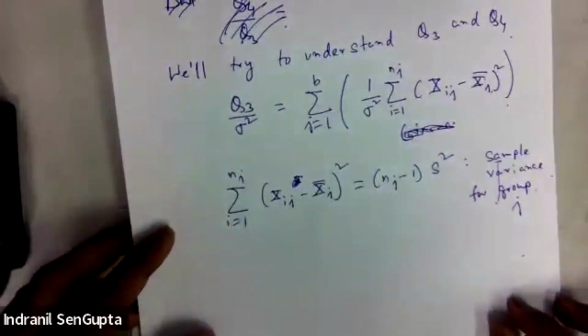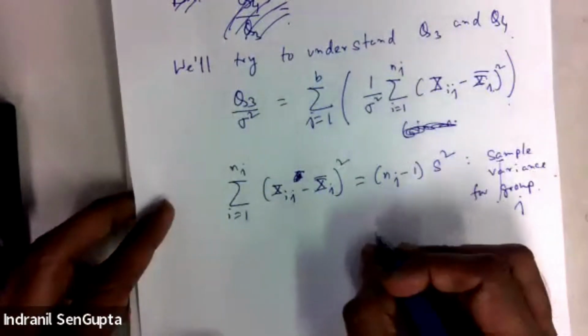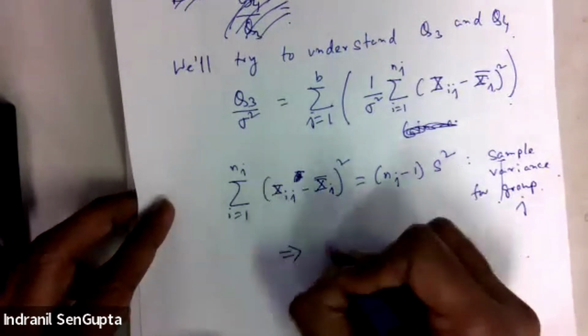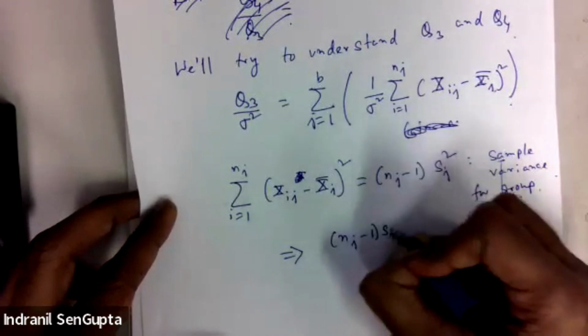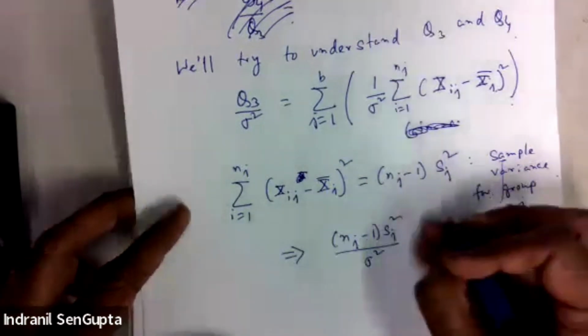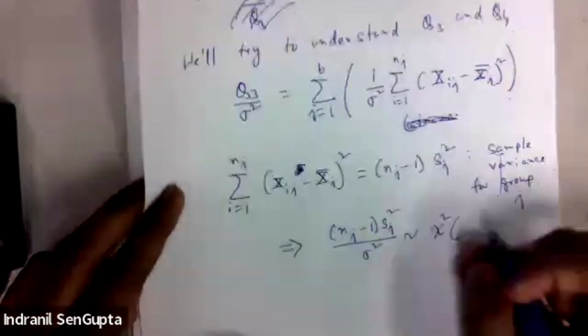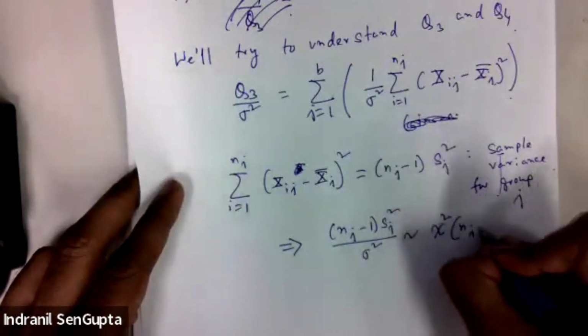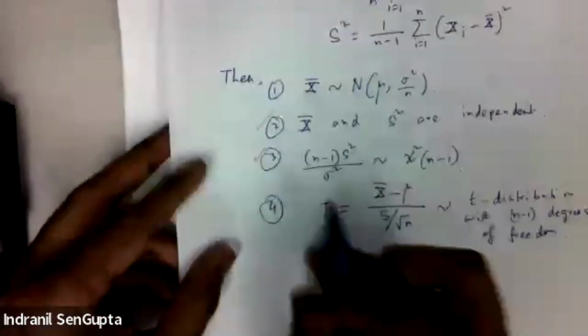And each group will have the standard deviation sigma. So that means (nj minus 1) S_j squared over sigma squared also follows a chi-squared distribution with nj minus 1 degrees of freedom by this result.